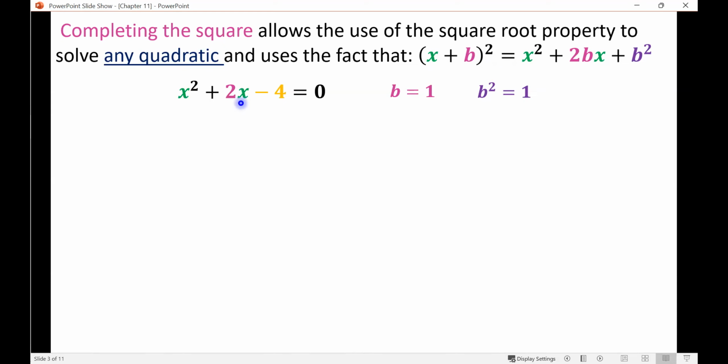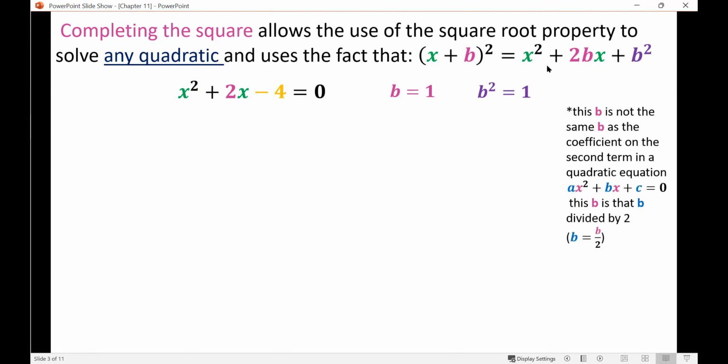So notice that our coefficient on x is 2, and we want our constant term to be the coefficient on x divided by 2, squared. We call that b. I want you to keep in mind that this b is not the same b as in our quadratic formula.